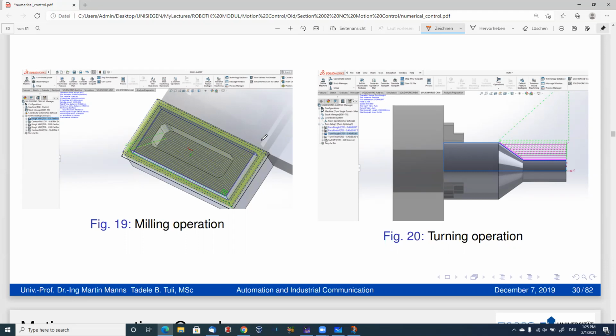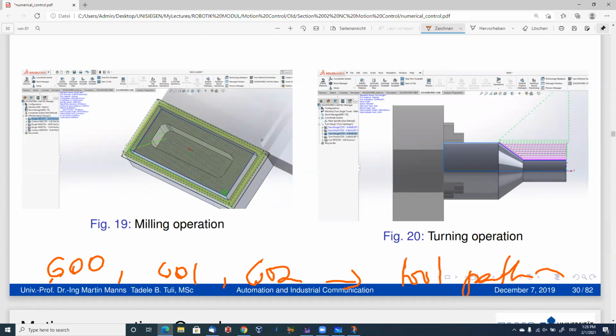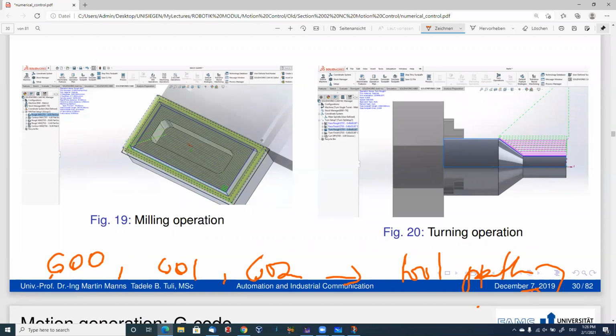If you only implement the equations which state G00 or G01 or G02, you will be able to generate your toolpath profiles. These toolpaths can be given to a CNC machine, or to a robot. That's flexible, or you can give it to 3D printing.